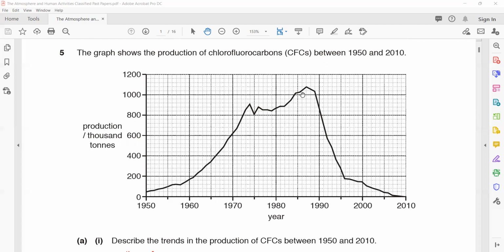So it means that if there is a decrease in chlorofluorocarbons, there is a decrease in the use of ACs, a decrease in the use of refrigerators, a decrease in the use of perfumes and sprays, and maybe the burning of fossil fuels. All these are the reasons. Got it?